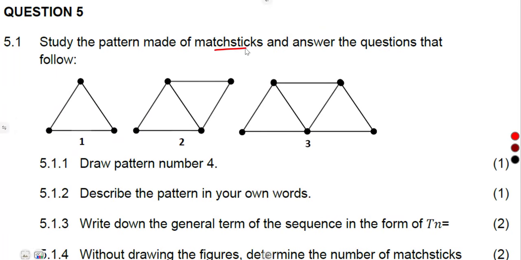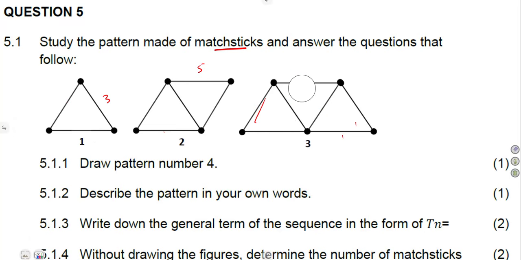Then moving on to question 5, study the pattern made of what? Of matchsticks. So we are talking about these matchsticks and answer the questions that follow. So you can see pattern 1, there are 3 of them. Pattern 2, they are now 1, 2, 3, 4, 5. They are now 5. Here there were 3. Here there are 5. Here they are now 1, 2, 3, 4, 5, 6, 7.